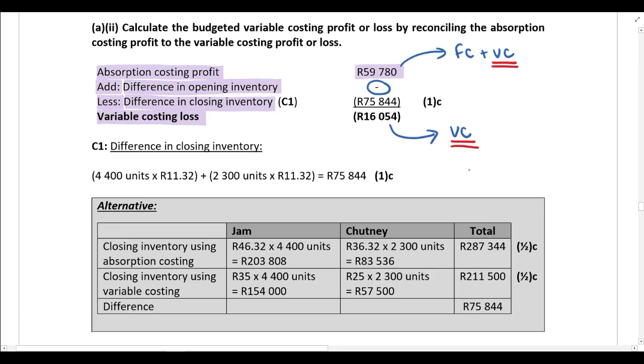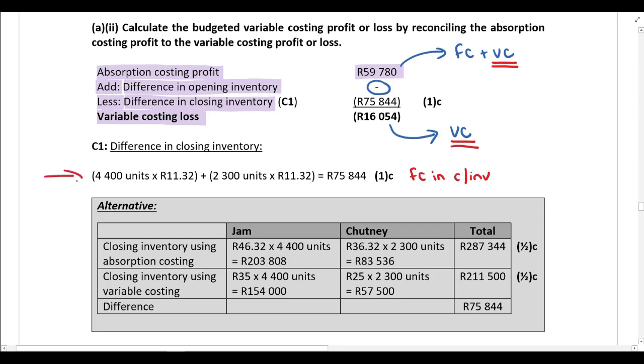So the only difference between the two is the fixed costs. With absorption costing, we include the fixed manufacturing overheads in the value of inventory. However, with variable costing, we do not include the fixed manufacturing overheads in the value of inventory. So the difference between the two is the fixed costs in closing inventory.